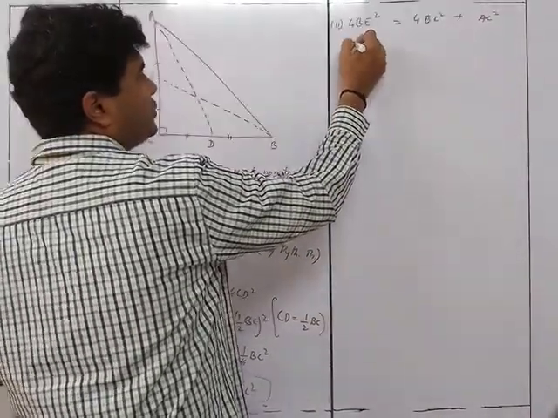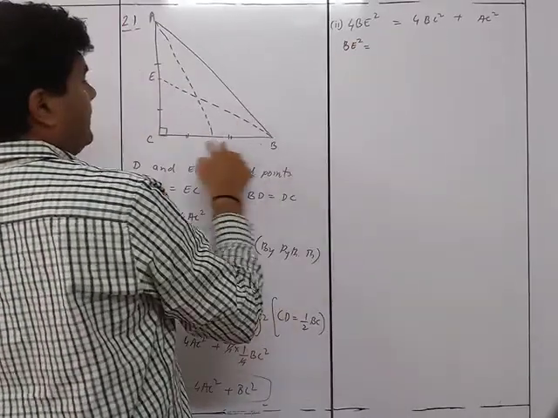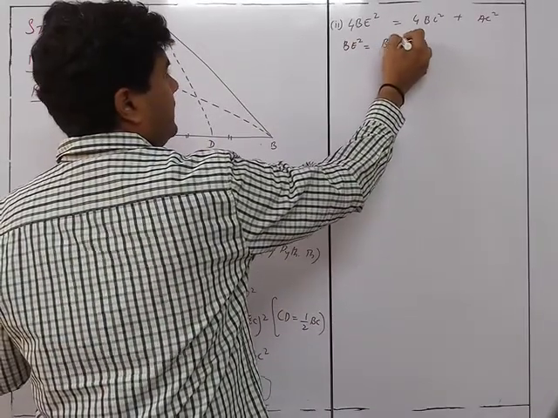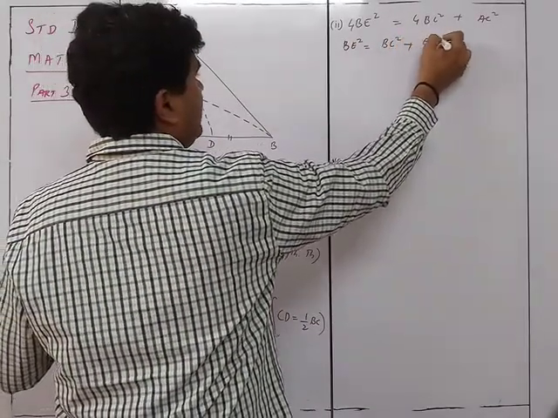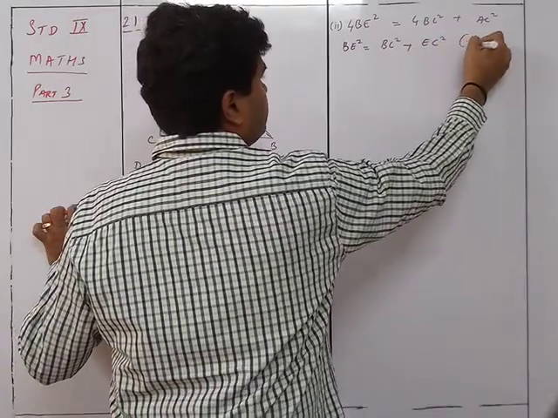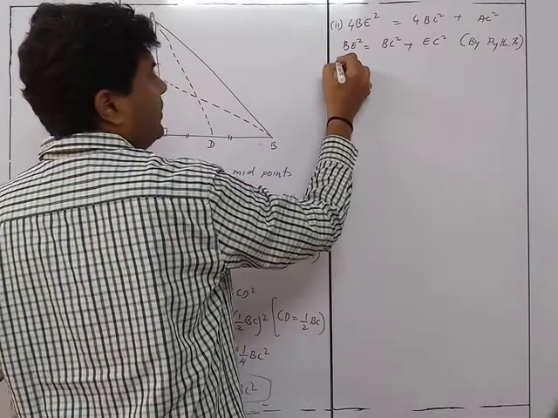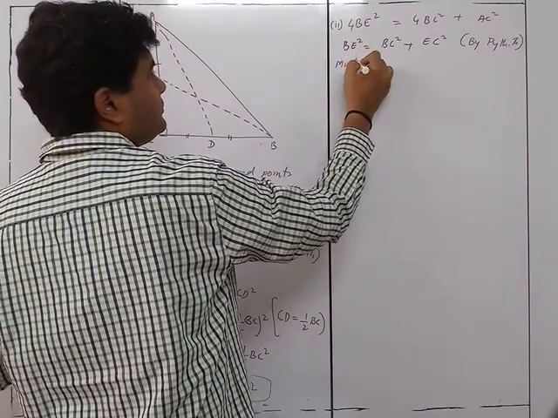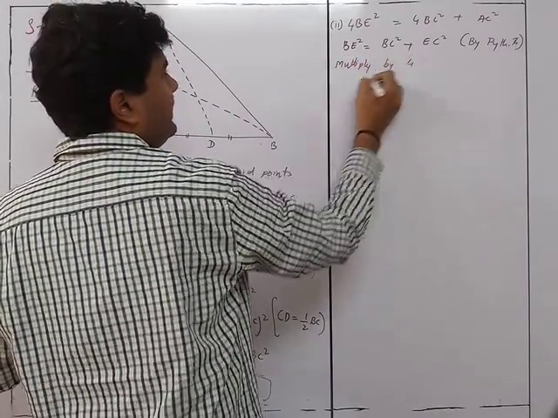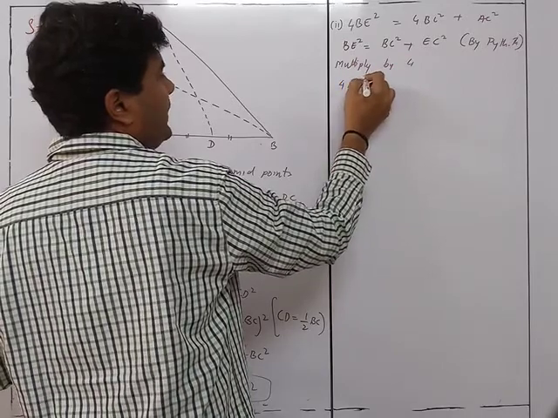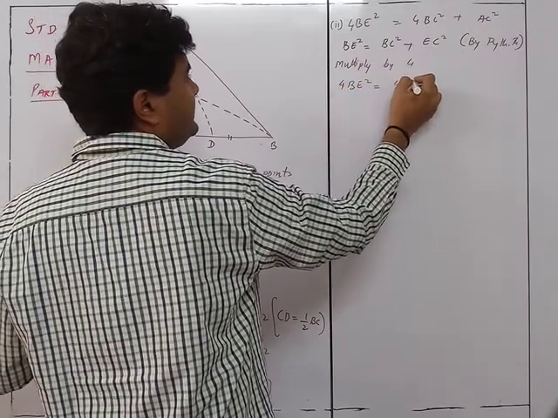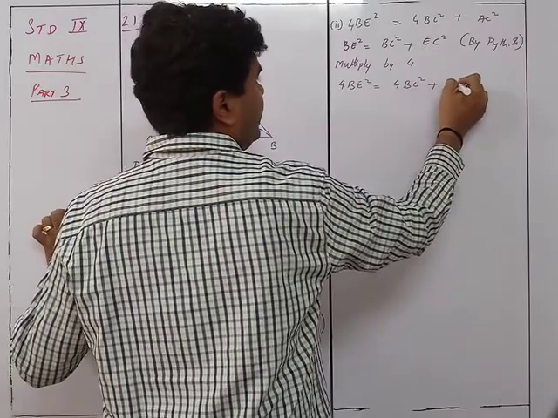So BE square is equal to BC square plus EC square by Pythagoras theorem. So we multiply by 4. We get 4BE square is equal to 4BC square plus 4EC square.